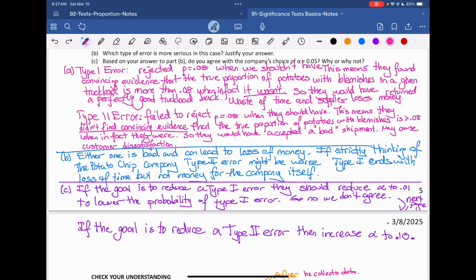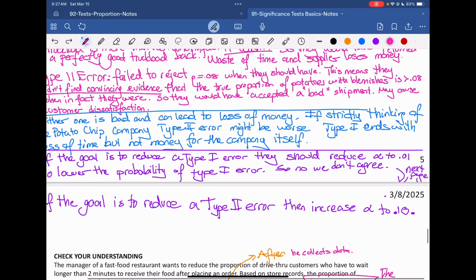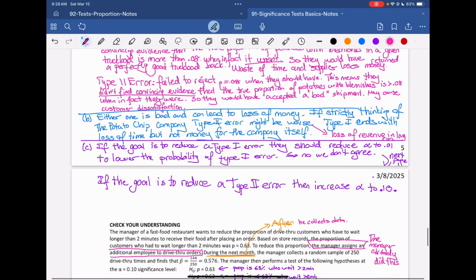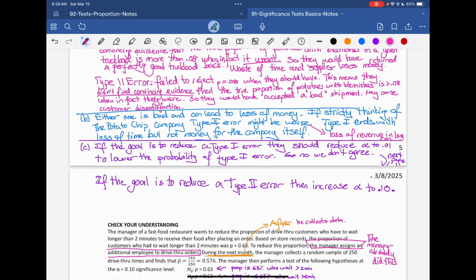Type 2 error will probably be loss of revenue in the long run. Right? Because if your customers are unhappy, they're going to stop buying your product. So that's a big problem.